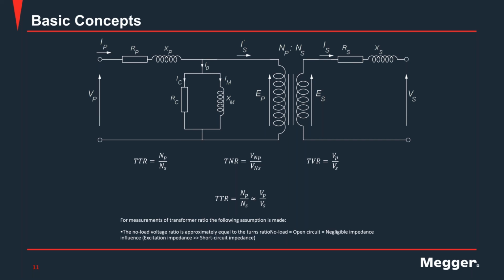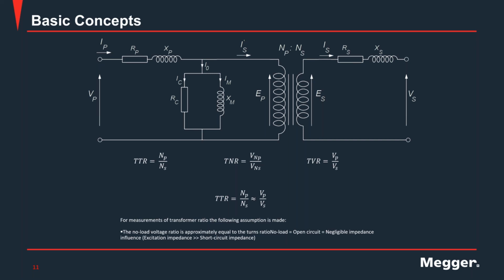So three different concepts related to the test: TTR, the turns ratio, the number of turns on my windings; nameplate ratio, which I calculate from the rated values on my nameplate; and TVR, which is the actual number that I'm measuring with my TTR.